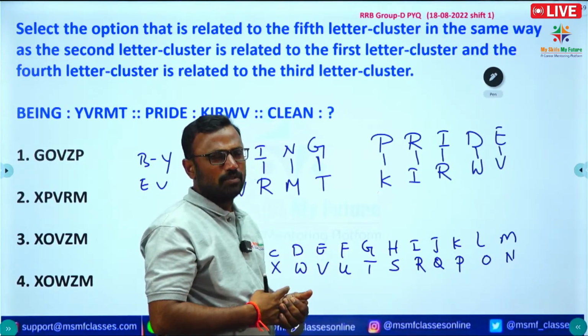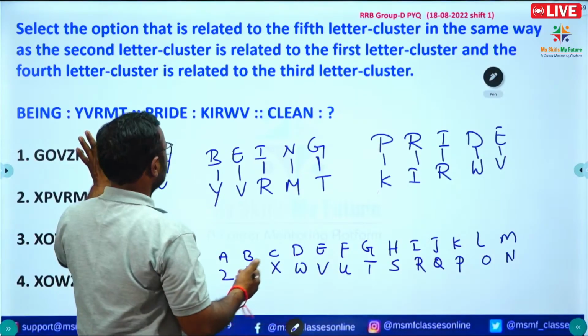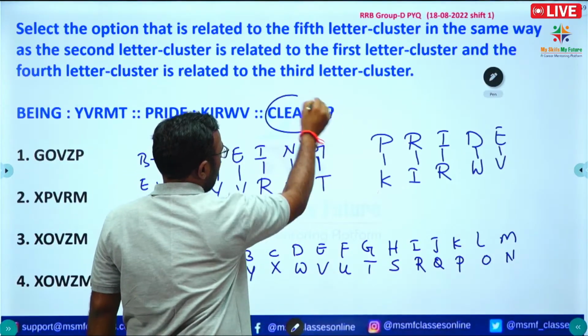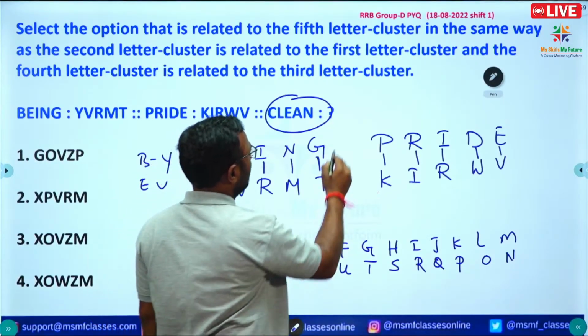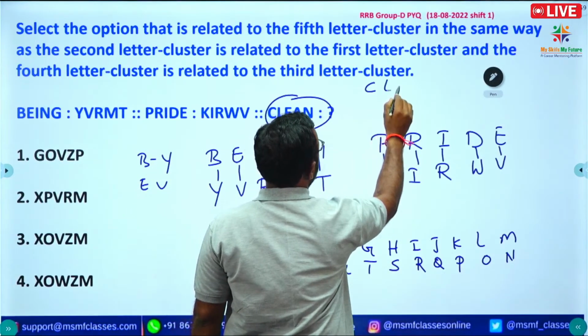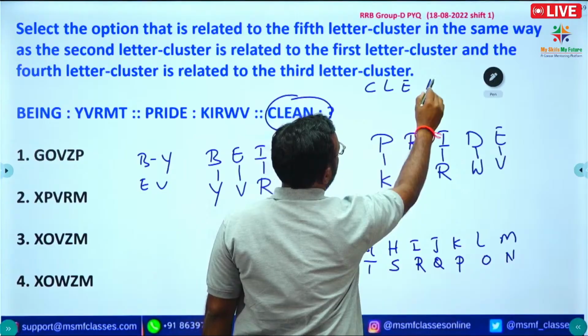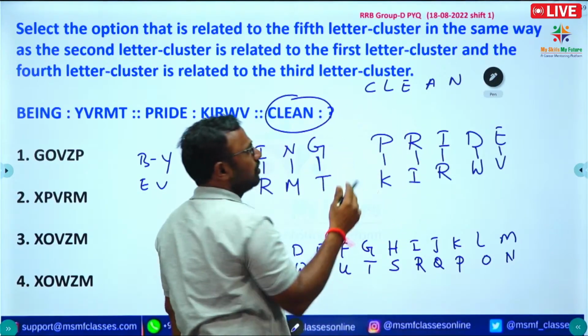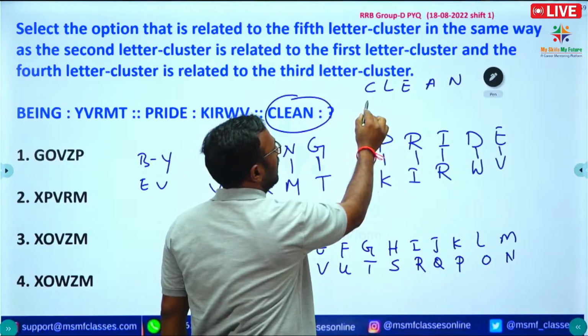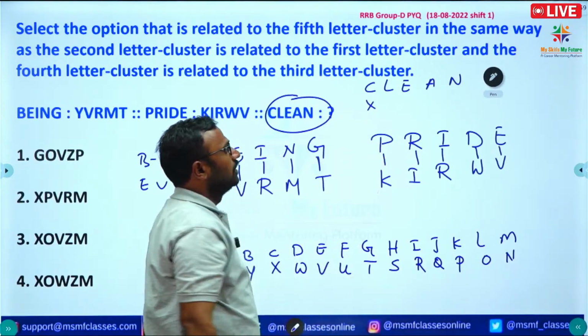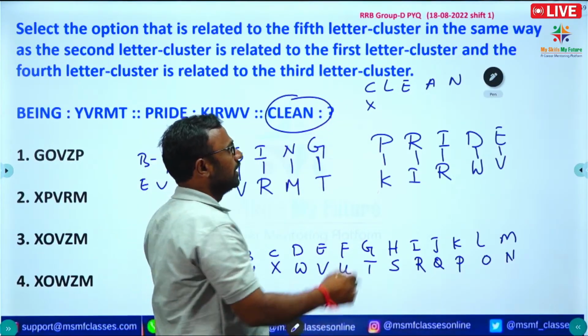We have some codes. Okay, right. So how can we write CLEAN? So what is the opposite alphabet of C? X. What is the opposite alphabet of L?